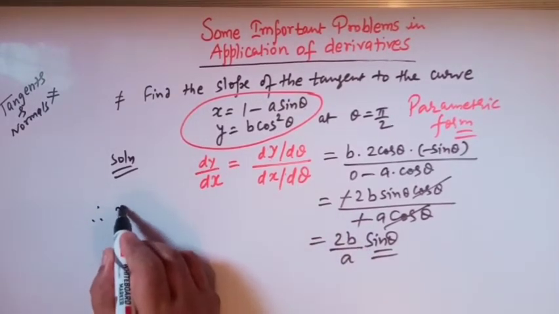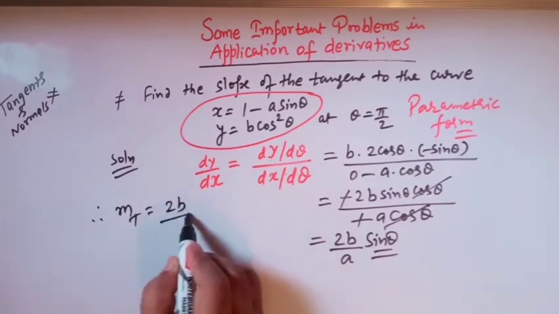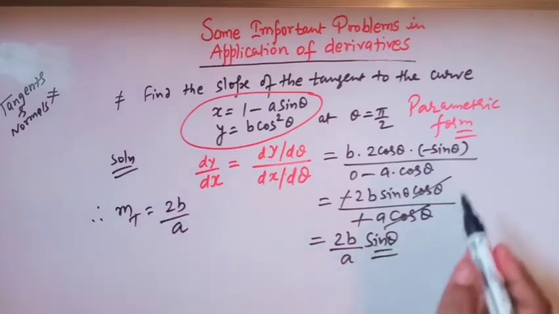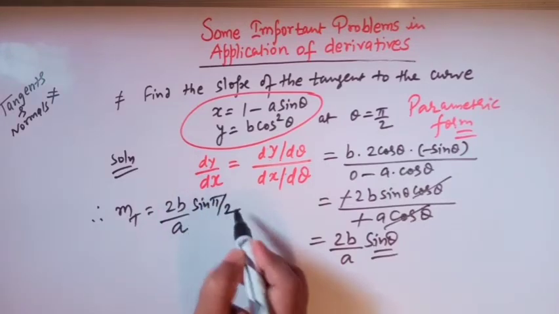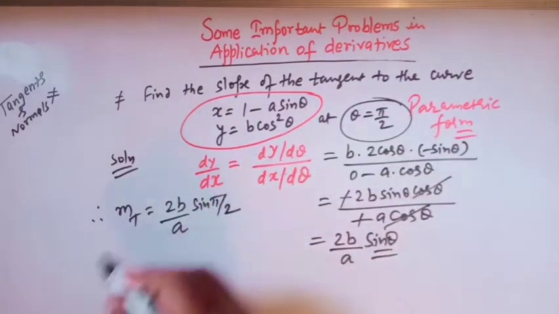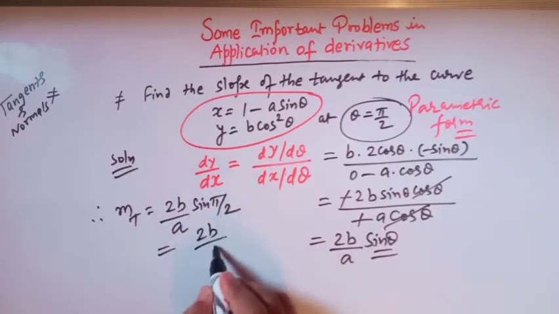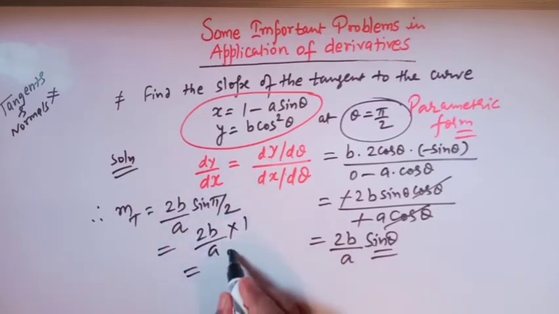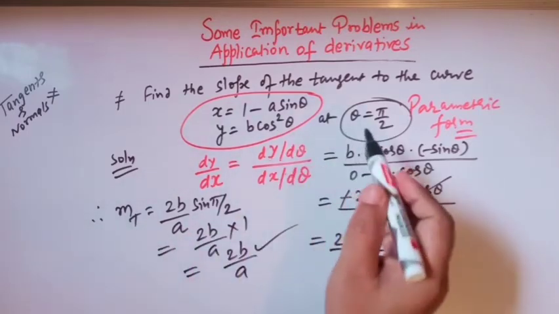Therefore the slope of tangent is given by 2b over a sine theta, and sine theta is sine of pi by 2, because we have to find the slope at theta equal to pi by 2. Sine pi by 2 is 1, so we have 2b over a times 1, that is 2b over a. So this is the slope of the tangent.